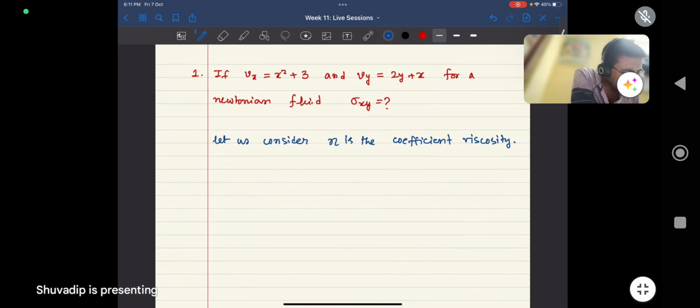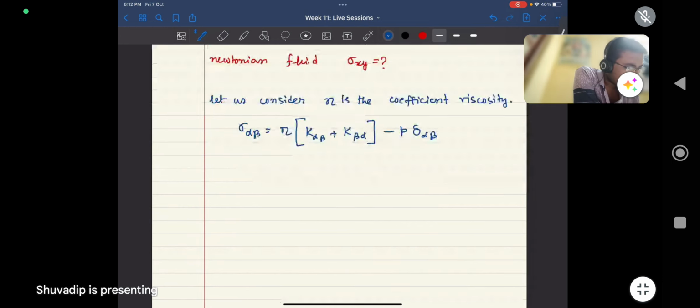Then from lectures we have seen that sigma xy is given by this. Let us first write down the general formula. Sigma alpha beta is given by eta kappa alpha beta plus kappa beta alpha minus p delta alpha beta. So this is the general formula.